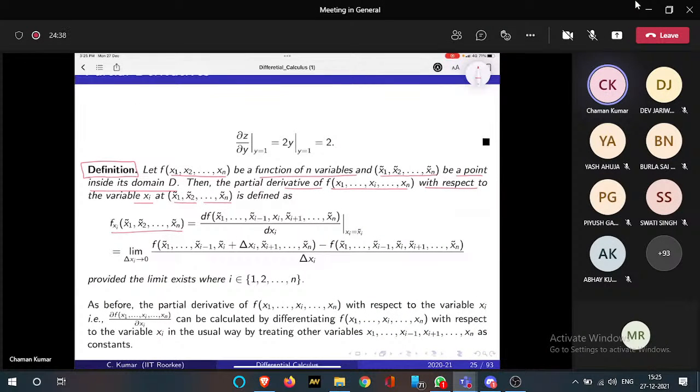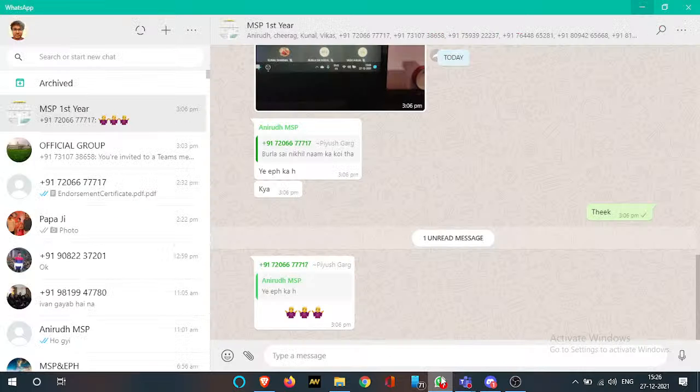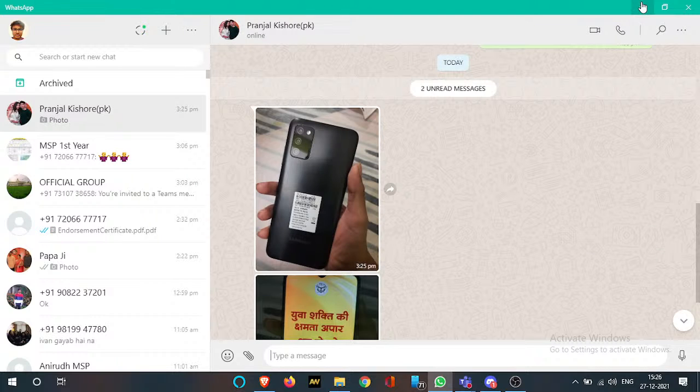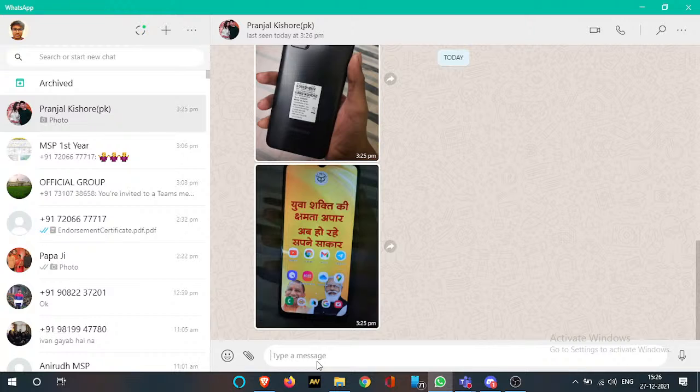You see the subscript of f is xi. So if I write f_xi, this means I'm calculating the partial derivative with respect to xi.